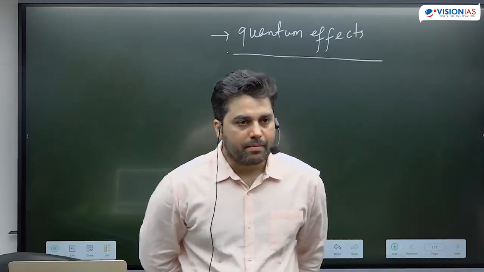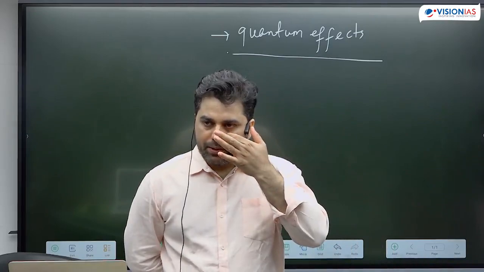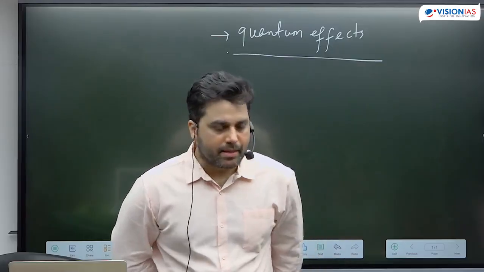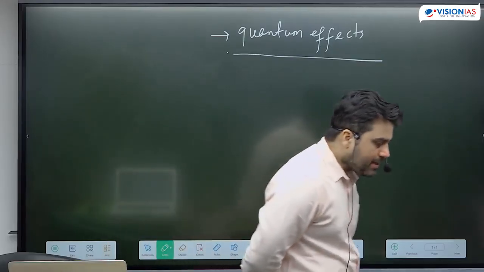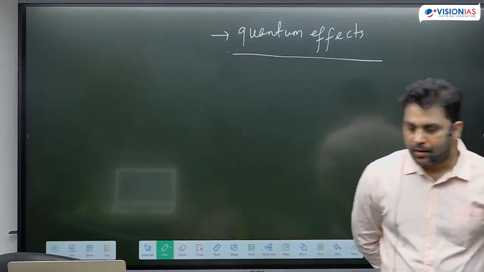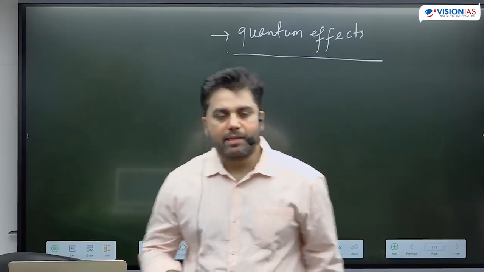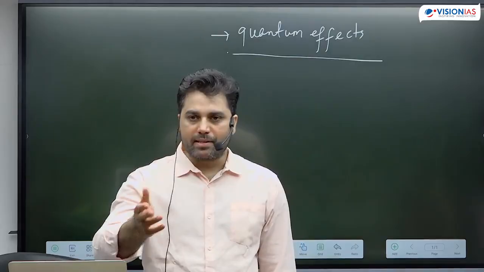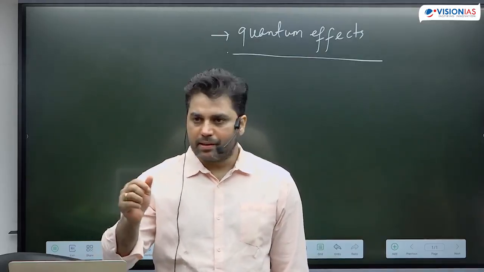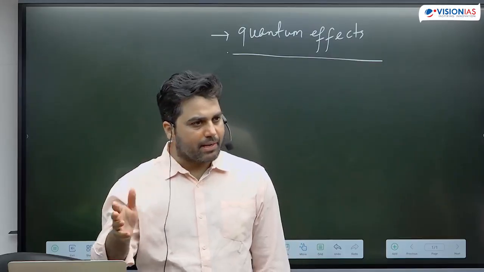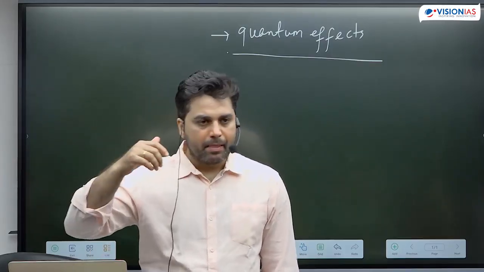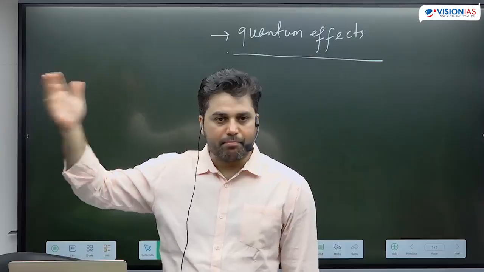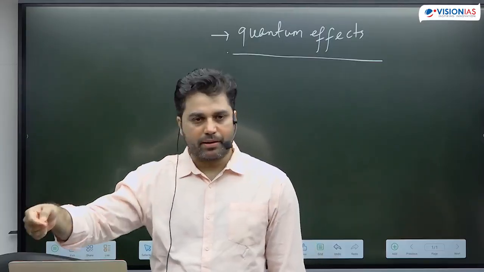Now, what does this term quantum effect mean here? I'll be talking about this in great detail in the very next topic, information and communication technology. I will briefly introduce it here. When you try to explain nature at a very small scale, Newton talked about the movement of planets and stars, and he was more or less right. Here and there, his theories had limitations, which were rectified by Einstein. But we knew about the movement of stars and galaxies and planets before we knew about atoms and molecules.